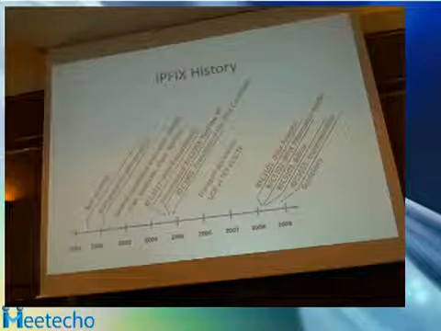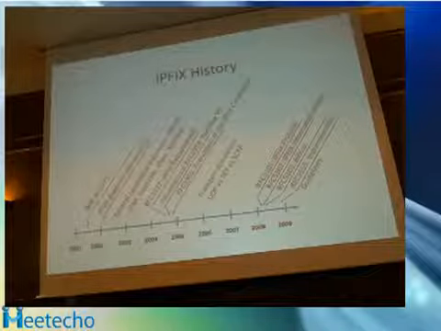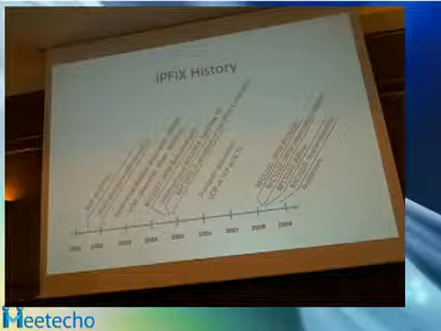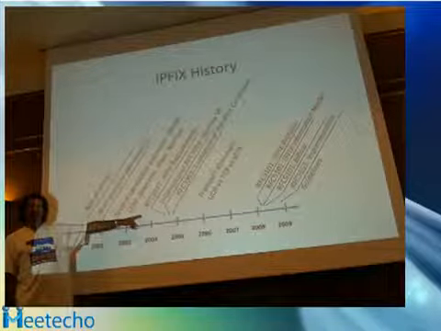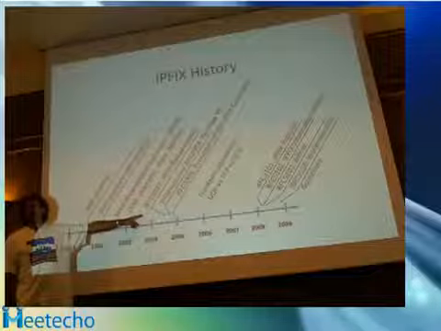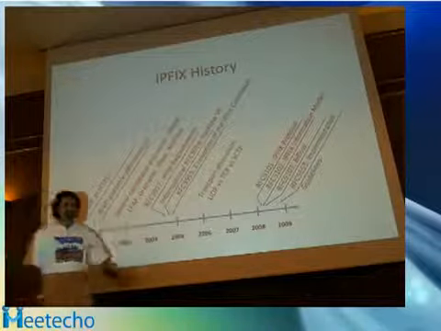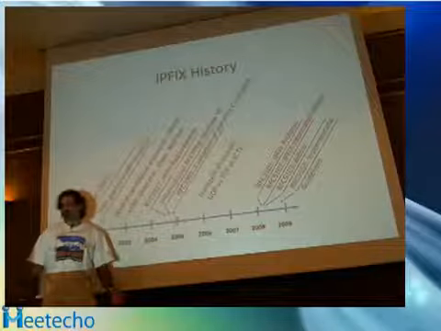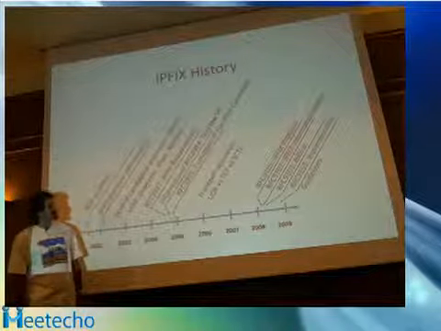But it turned out that we had like 5 candidates. And starting there, we said the only way to choose is to have a set of requirements. What do we want this IPFIX to do? And based on that, Netflow version 9 was the base candidate on which IPFIX was standardized.